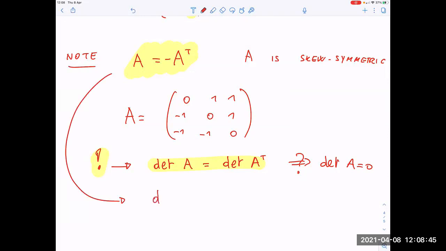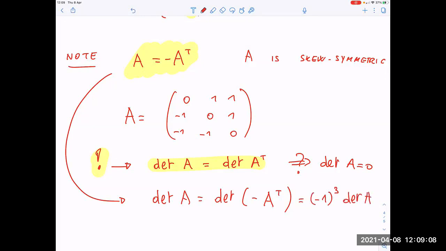The determinant of A is equal to the determinant of minus A transpose. And this is equal to, well, let's do it like this, (-1) to the power 3 times the determinant of A transpose.